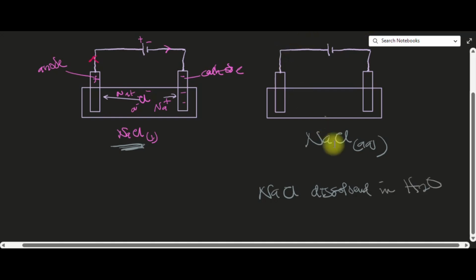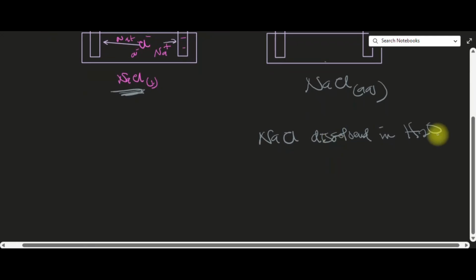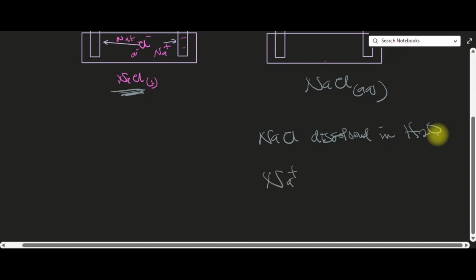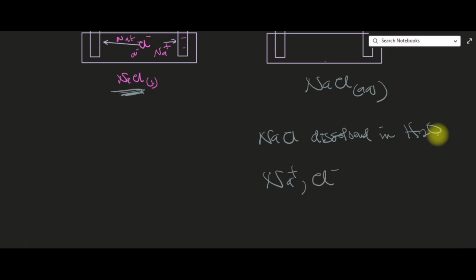When NaCl is dissolved in H2O, we are going to have Na+ ion, that is sodium ion. We're going to have Cl- ion, just like what we have here, the Na+ and the Cl-.